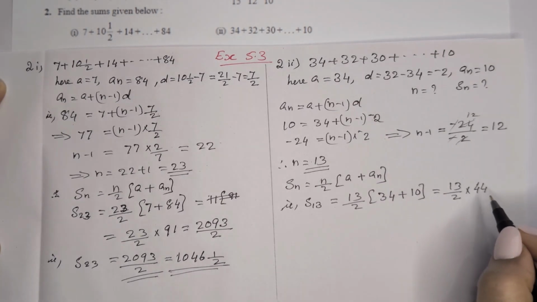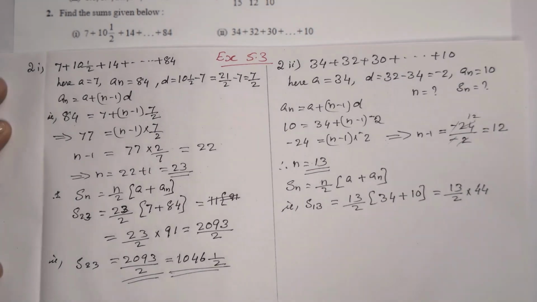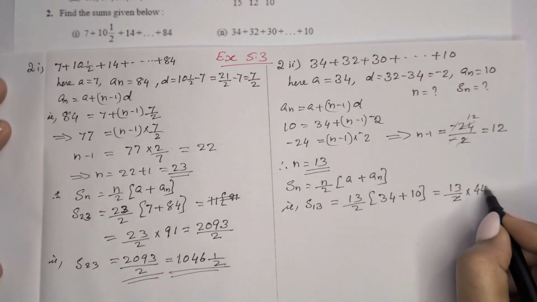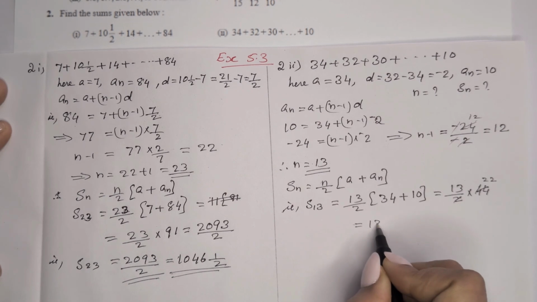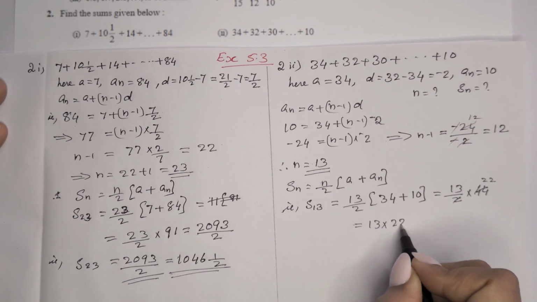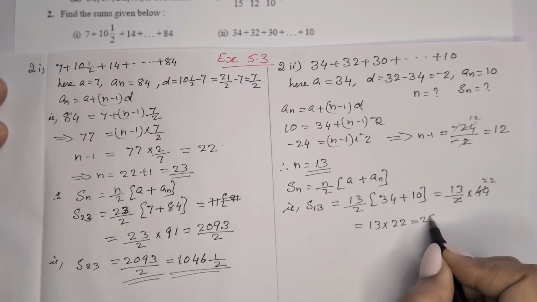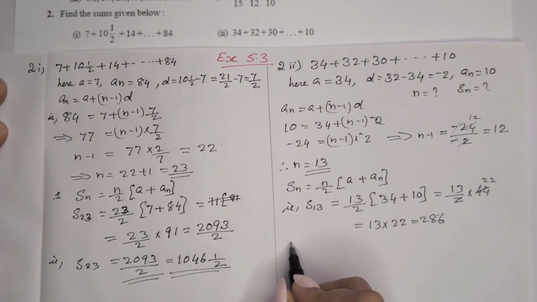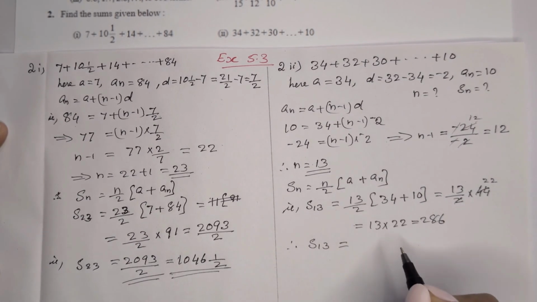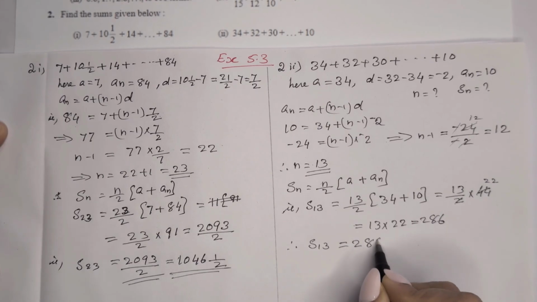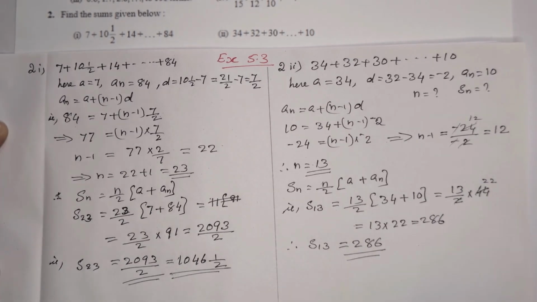When we are dividing that by 2, 22, that means 13 into 22, which is equal to 286. So we can write, therefore, the sum of 13 terms, S13, is equal to 286.